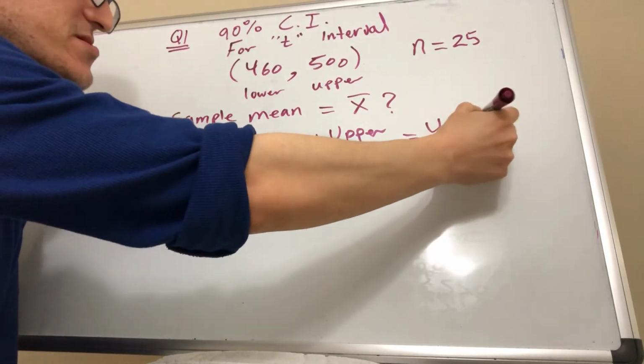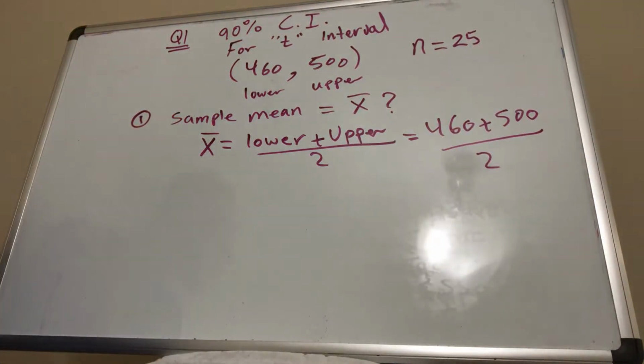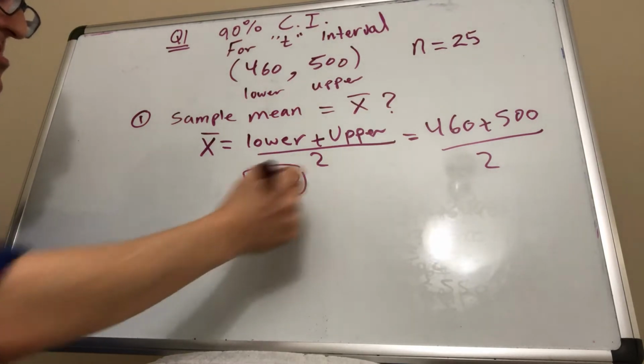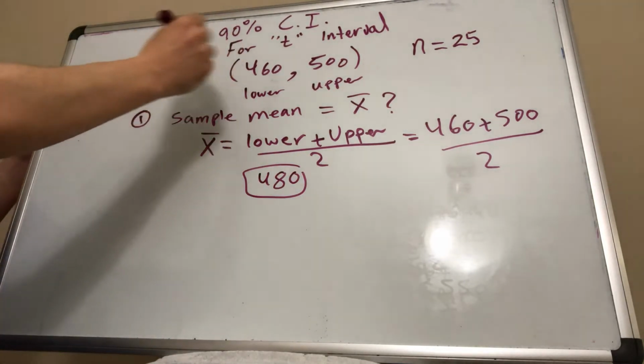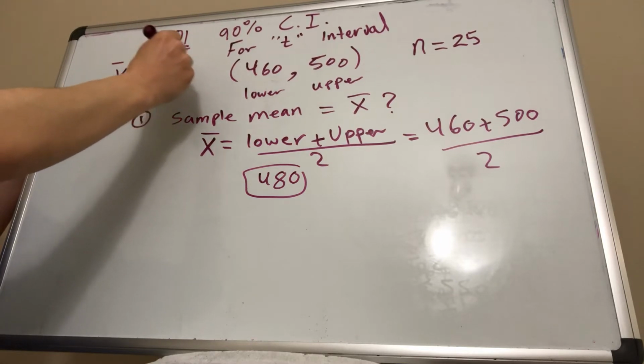So 460 plus 500 divided by 2 will give you the answer 480. So I'm gonna add this here, so my x bar is 480.